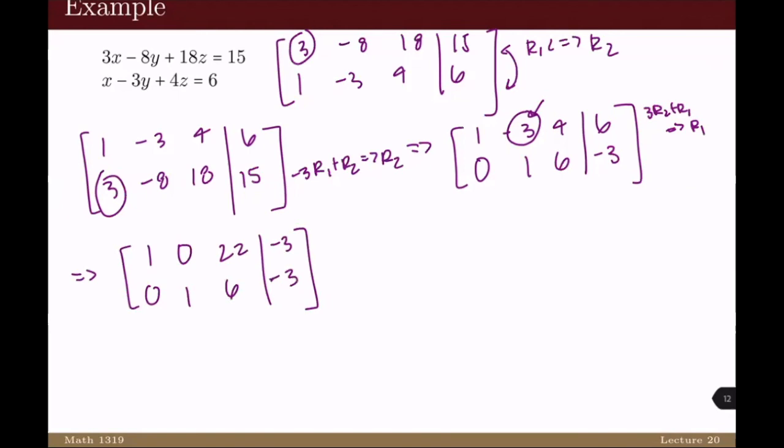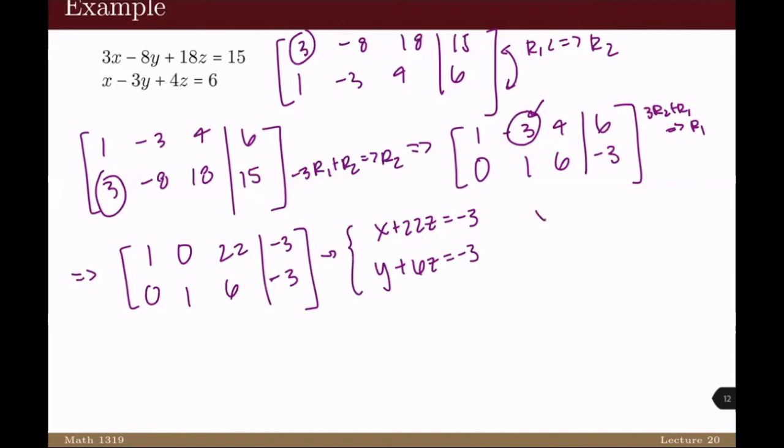All right. Now, we can't really simplify any further. If we did, it would kind of get gross because we'd have fractions. So we're going to accept this and rewrite it as a system of linear equations, which would give us x plus 22z equals -3, and y plus 6z equals -3. And the last thing we're going to do is just write a general solution where we express them again both in terms of z.